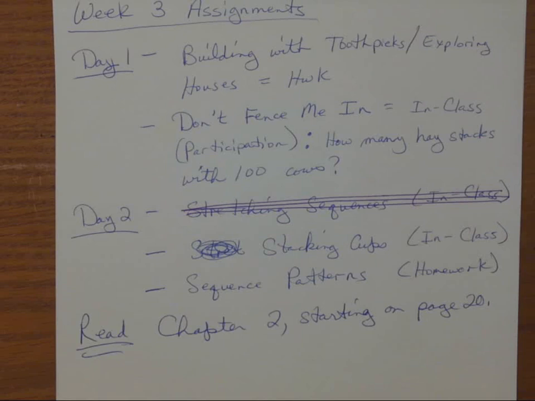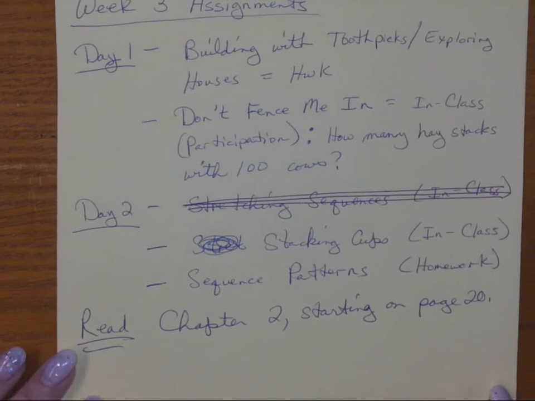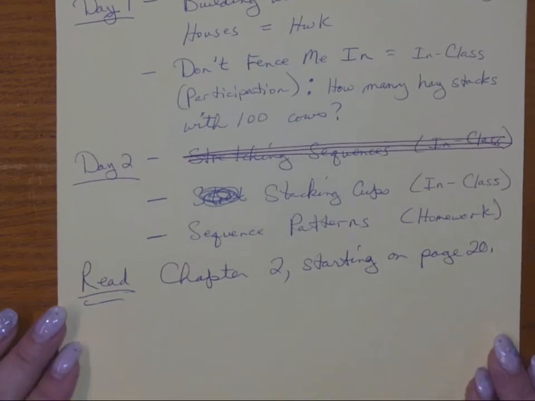I will upload the Don't Fence Me In just so that you can see it. But the last question on that page is how many haystacks for 100 cows? And hopefully you did the math and you saw how that works. So you don't have to take any pictures or send anything to me or do anything on that handout. Just email me the answer to that question, and that'll be your in-class participation grade for that day.